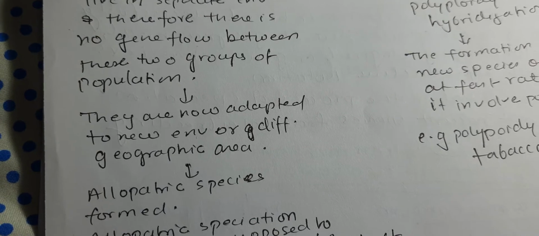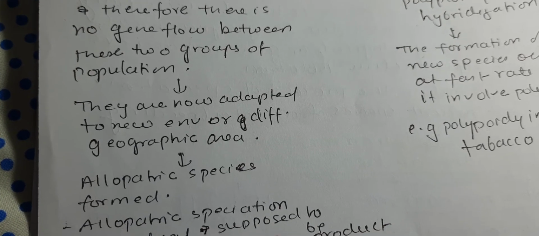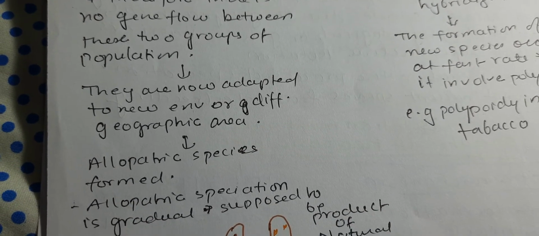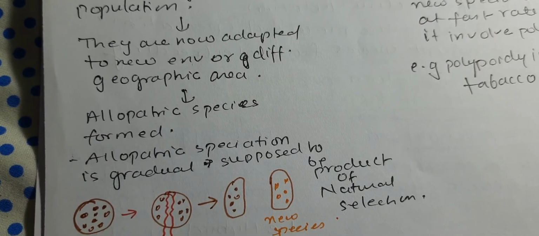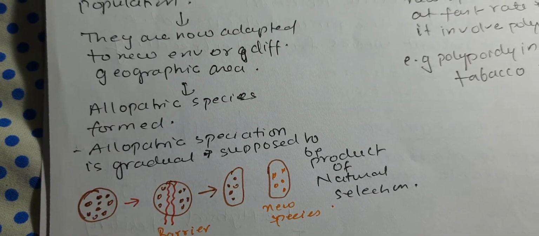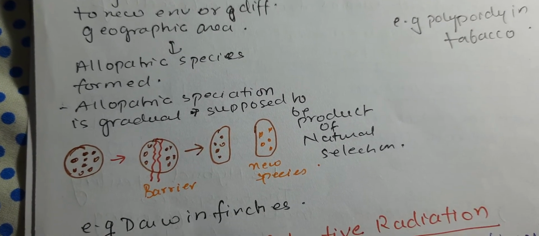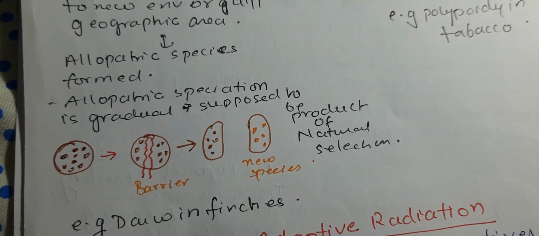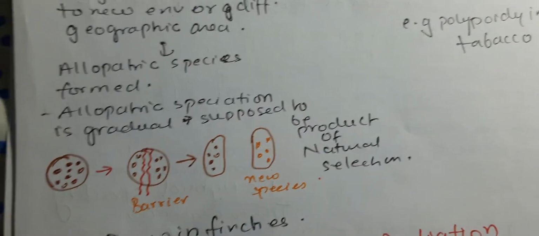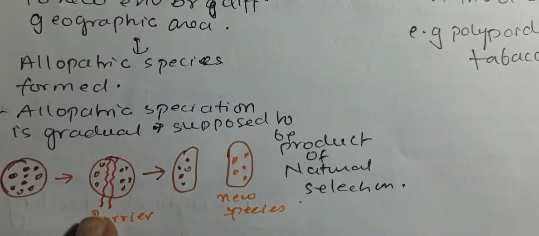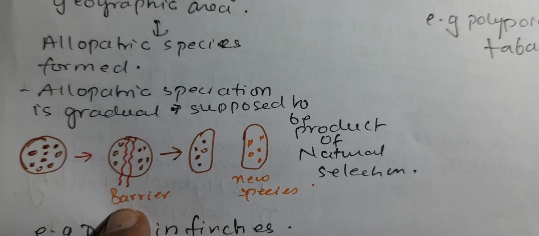Groups of populations are now adapted to a new environment or different geographic area. So in this way, allopatric species are formed. Allopatric speciation is gradual and supposed to be the product of natural selection. So here this is separated by a barrier.